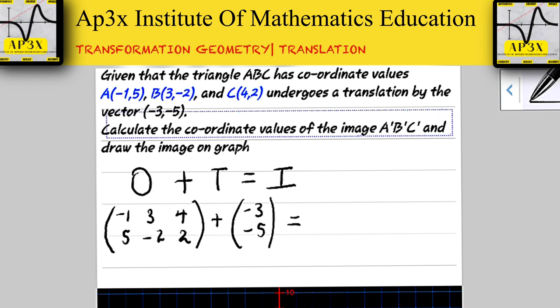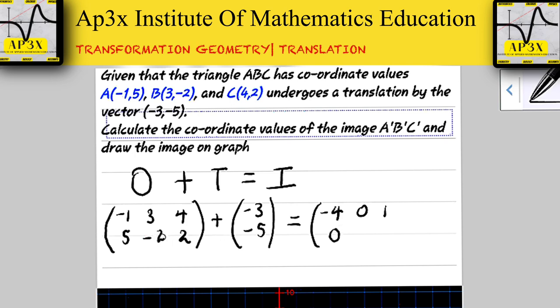And so by adding corresponding entries of each column in our object matrix, if we add -1 to -3, we're going to end up with -4. If we add 3 to -3, we're going to get 0. And if we add 4 to -3, we get 1. Then 5 plus -5, we're going to get 0.